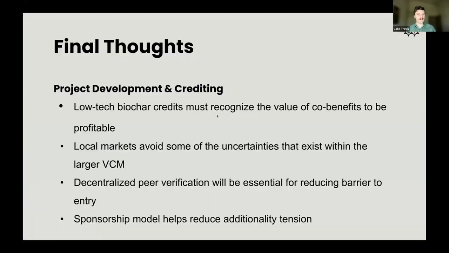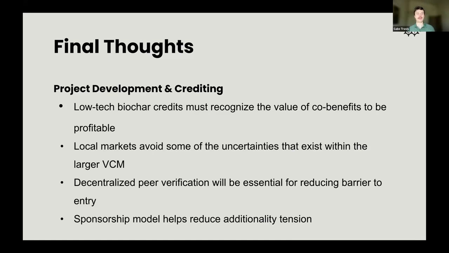And yeah, I have some final thoughts. I might have already gone through this in the last section. The low tech credits are only going to be profitable if we can recognize the co-benefits of biochar. Biochar has so many amazing co-benefits, and the process of producing biochar in a low-tech way takes a lot of time.